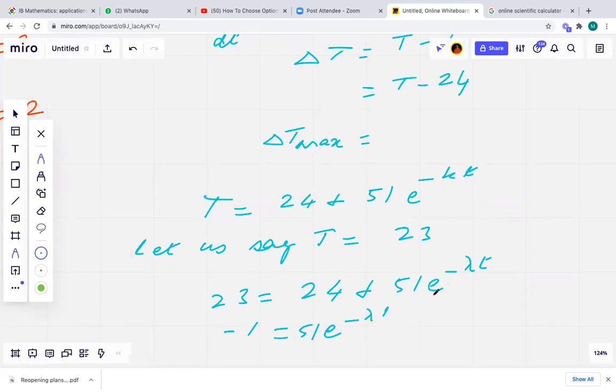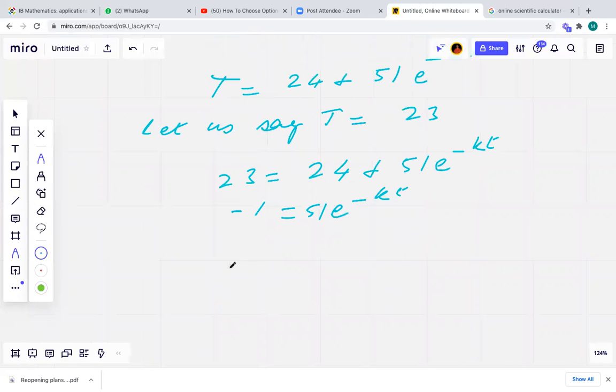It should be k, not minus lambda. It's minus kt. This means e to the minus kt is minus 1 upon 51. Am I right? I think this is wrong.